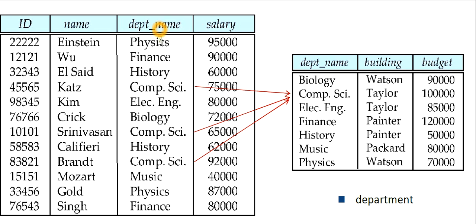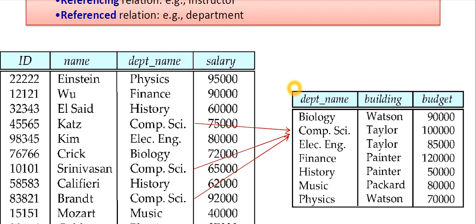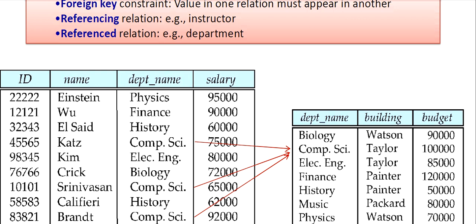So these two tables have some significance in forming this type of relationship, and here the instructor table is going to be the referencing relation, and the department table is going to be the reference relation.